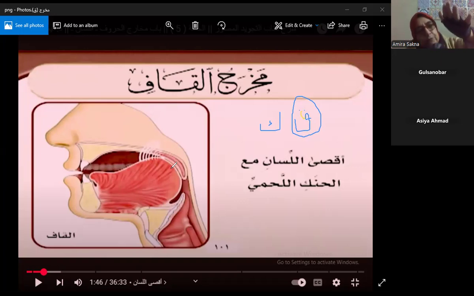This degree of force will cause the sound, which is blocked behind the articulation point, to be pushed with a degree of force. And this is what causes the qalqala to happen. Again, look at this picture. The back of the tongue is making full contact with the soft palate, as you can see.